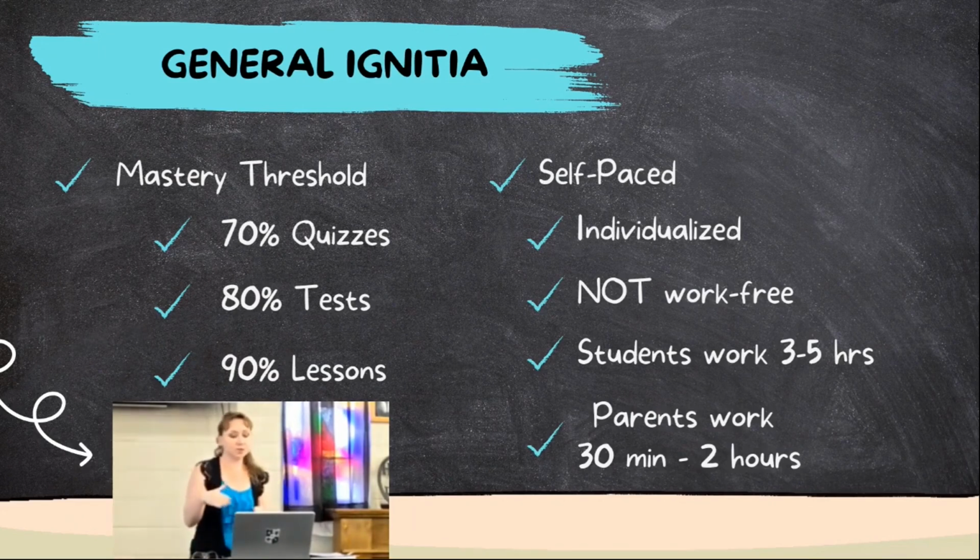Now, students who score less than 70% on a quiz will be allowed to retake that quiz for a better grade one time during first quarter. After first quarter, the first attempt stands. Anything above 70% on their first attempt stays. We're going to have a little bit of leeway for the kids.